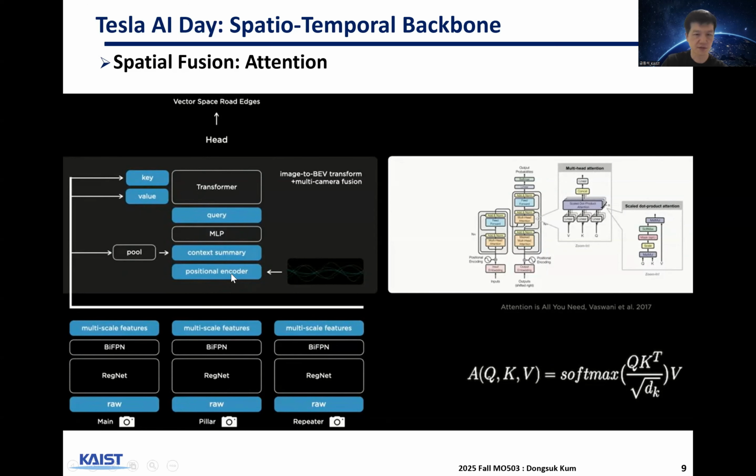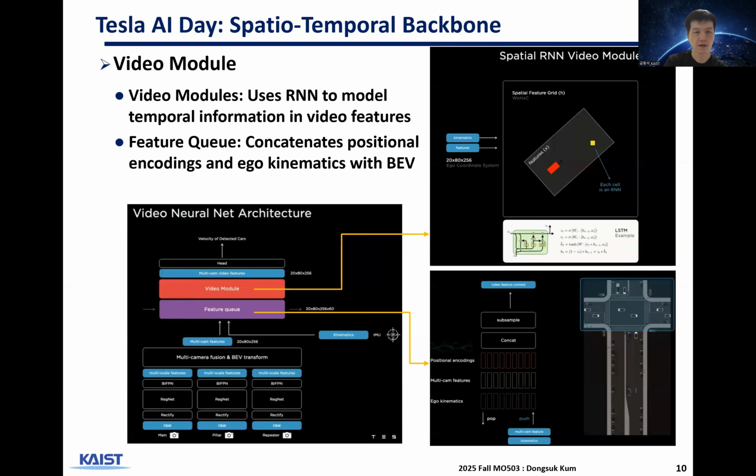Notice that there's a positional encoder, pooling, and MLP. Those are all used along with the transformer. And then there's a temporal fusion, which Tesla calls the video module. They have two layers.